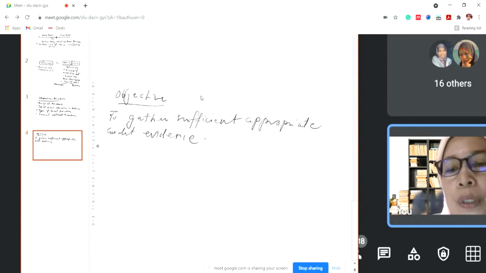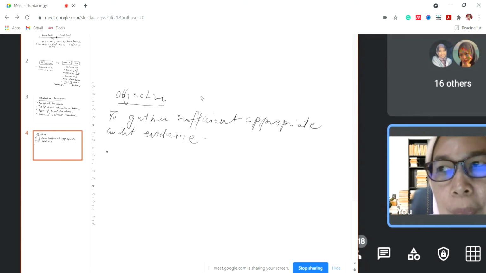So you must know that when you perform the substantive procedure, you have to look at whether you are performing the transaction or balances.